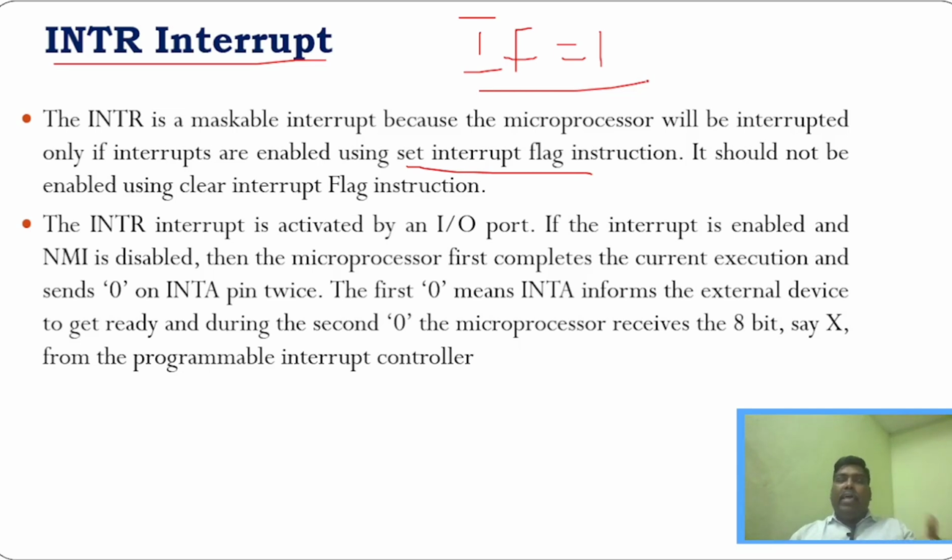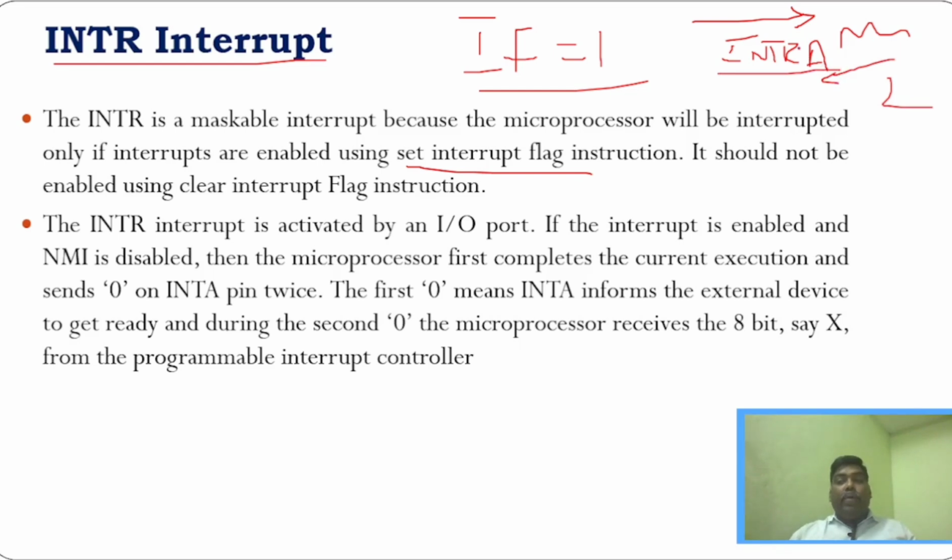And here it will not be able to find out the address location immediately because it does not have a specified address location like NMI. So the microprocessor will seek the help of INTA, right? Whenever an INTR interrupt happens, the microprocessor will send 2 pulses to the INTA pin.